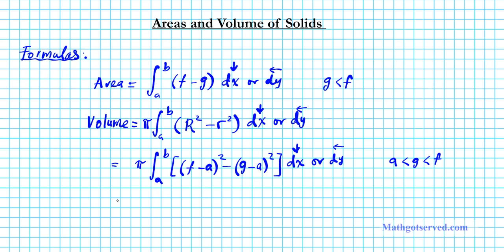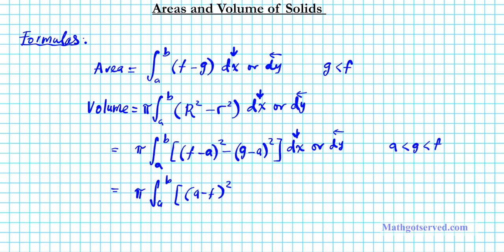Okay? And then the other situation we have is pi times the integral from a to b of a minus f. This is big R. The difference here is a is bigger than both of the two functions. Okay, so a minus f square will give you the outer radius, minus a minus g square will give you the inner radius. dx, if your slice is perpendicular to the x-axis, or your radius is perpendicular to the x-axis, or dy, if your slice is perpendicular to the y-axis.